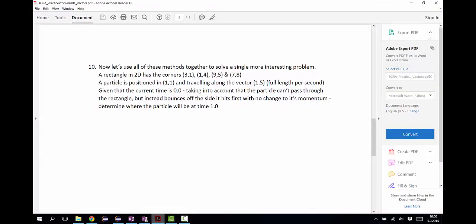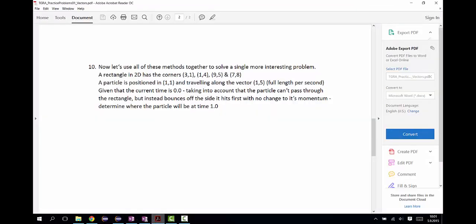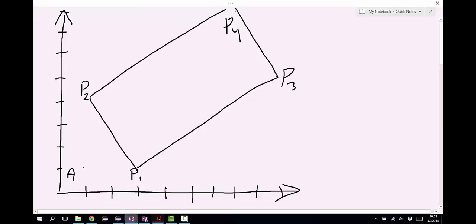Okay, so we have a particle positioned at (1, 1). Call this point A. We can call these P1, P2, P3, and P4 up here. And that particle is moving along the vector (1, 5).